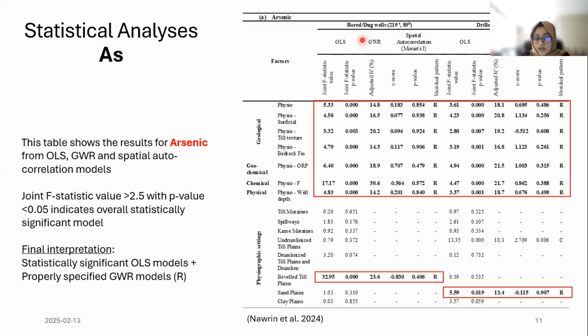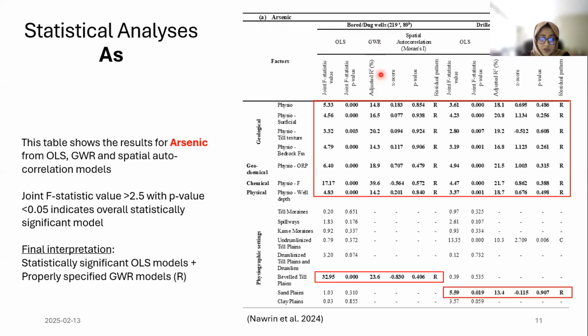Then performing GWR analysis added a level of modeling sophistication by allowing local relationships between the dependent variable and explanatory variables. Factors that were found to be overall statistically significant were run for further GWR analysis, where we got the measure of adjusted R-square.